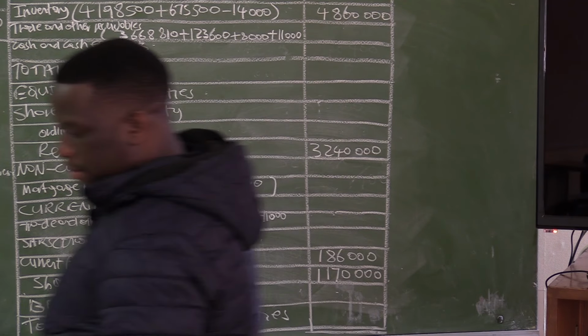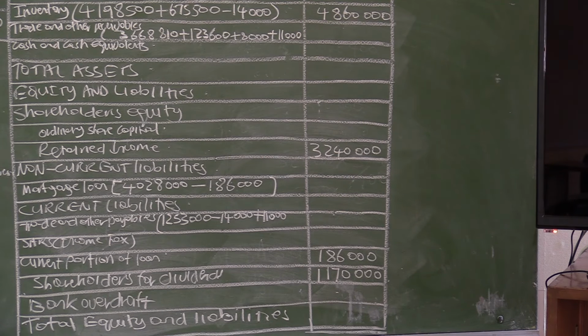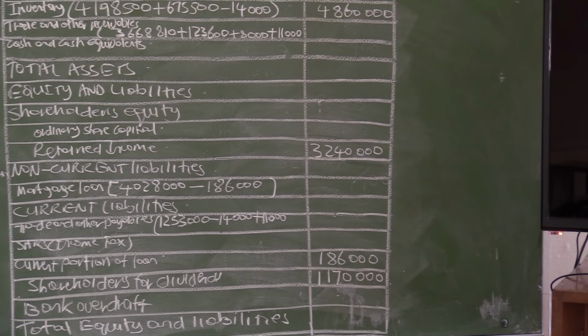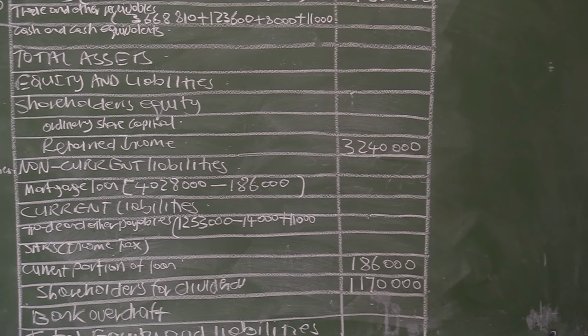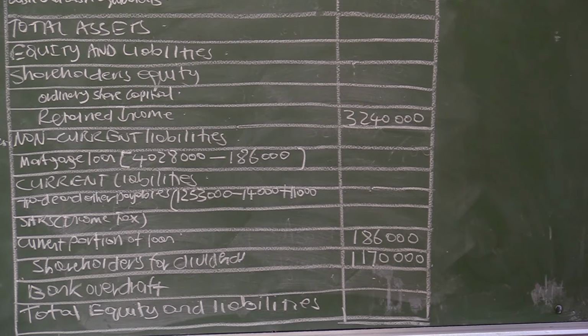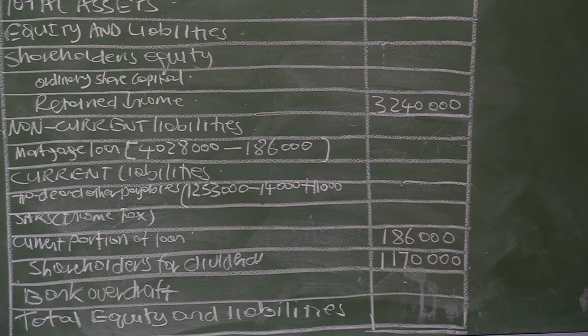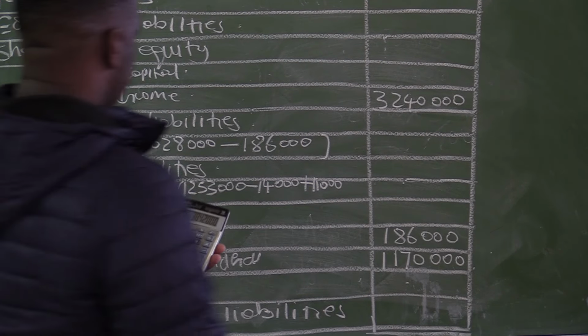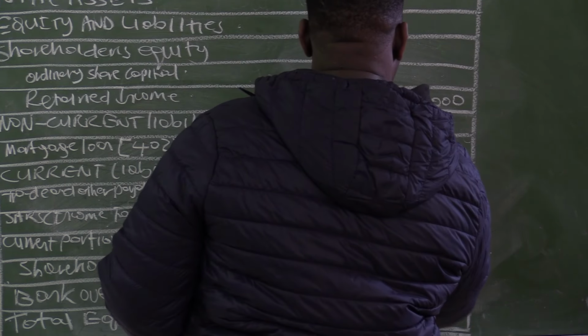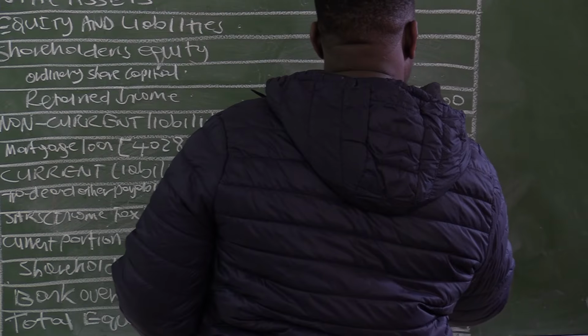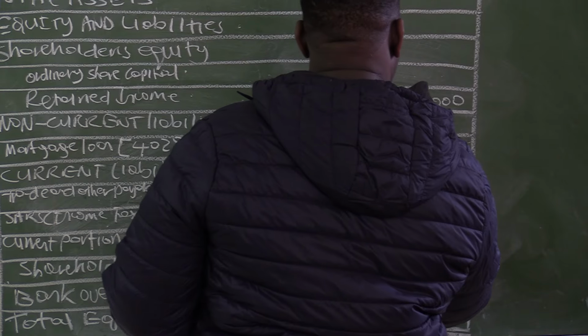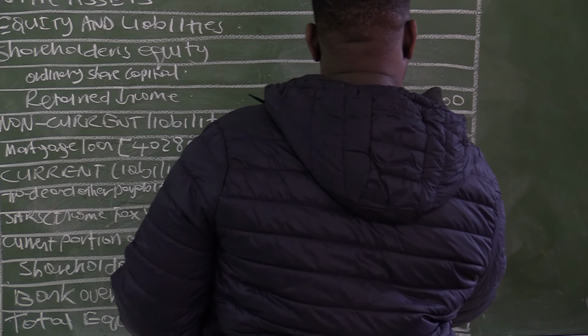So let's calculate the mortgage loan total. The mortgage loan total is 4,028,000 minus 186,000, which is 3,842,000. That should be in brackets.